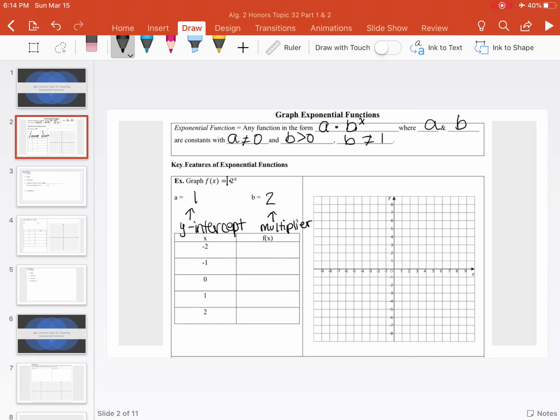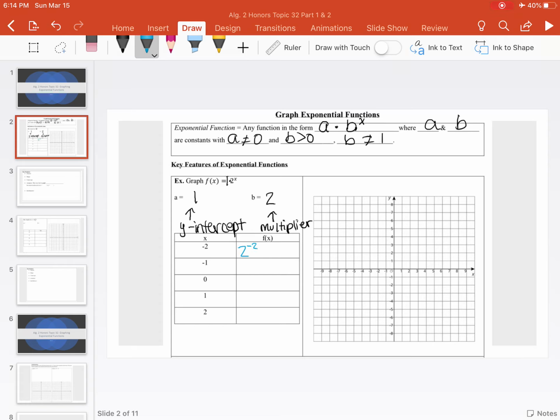So just like we've made tables in the past for polynomials, for quadratic functions, for linear functions, we're going to make one for our exponential function. If we plug in -2 for x, we'll plug it into our function. So we'll get 2 to the -2.